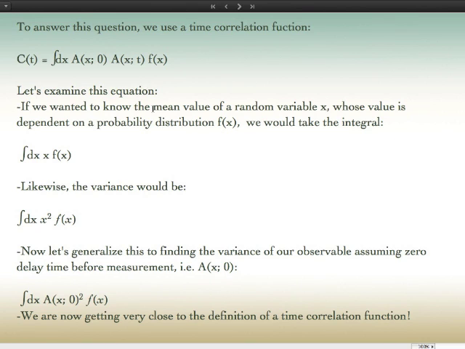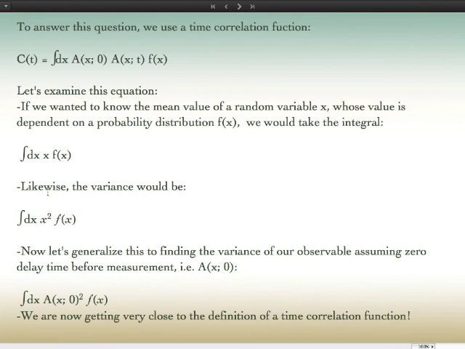So anyway, if you're looking at some random variable that is predicted by some probability distribution function, f of x, then if you wanted to take the mean of it, you just integrate x times f of x with respect to x. If you've taken quantum mechanics, that might look kind of familiar, except you'd have an x in the middle of a bra and a ket. But it's essentially the same thing.